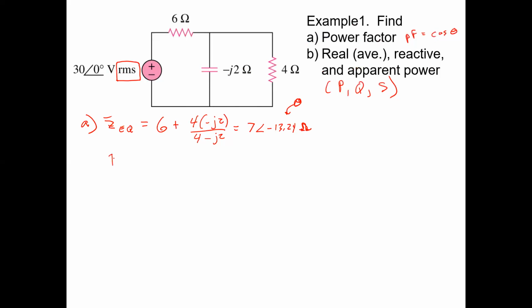And the power factor is going to equal cosine of minus 13.24, that angle theta, which is 0.9734. And we call this a leading power factor.